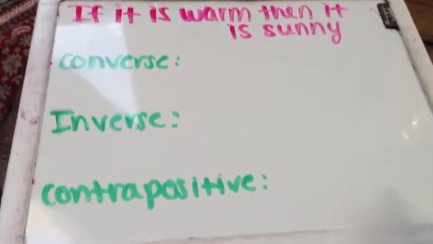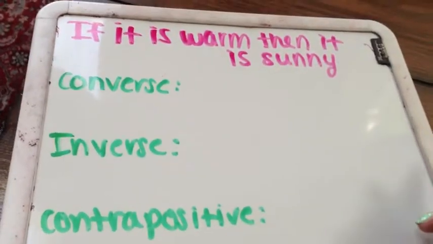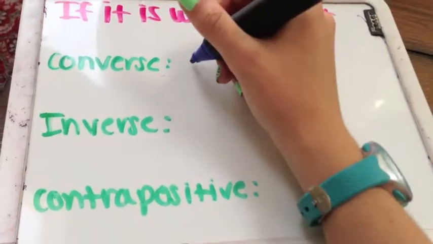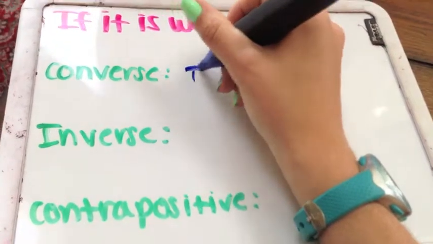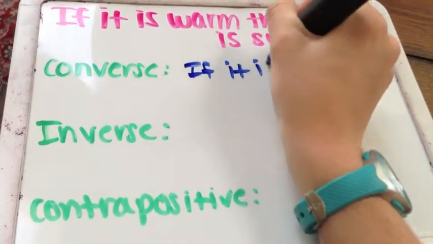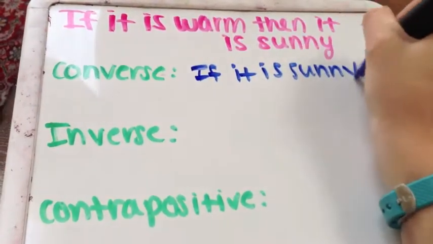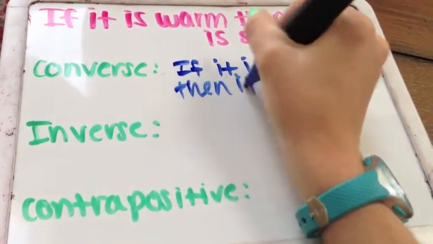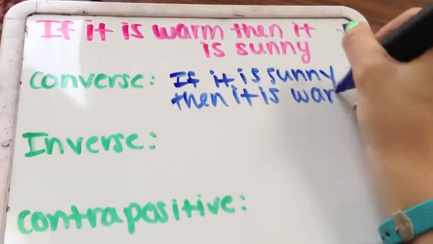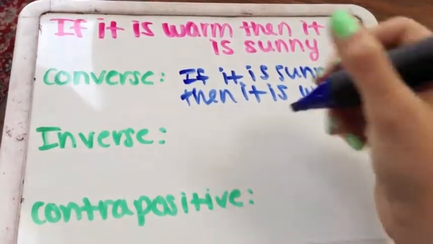For example, if you had the statement, if it is warm, then it is sunny, the converse would be, if it is sunny, then it is warm, because you changed the order.